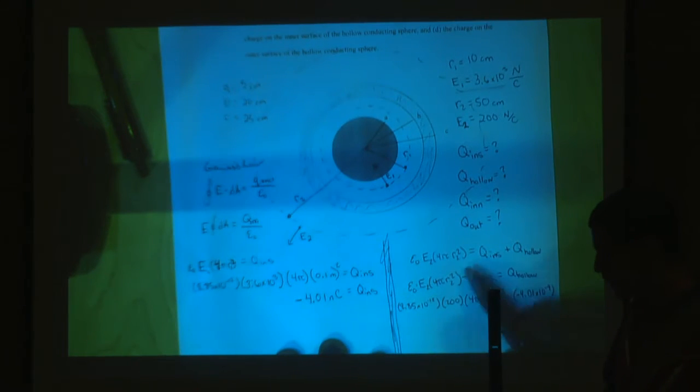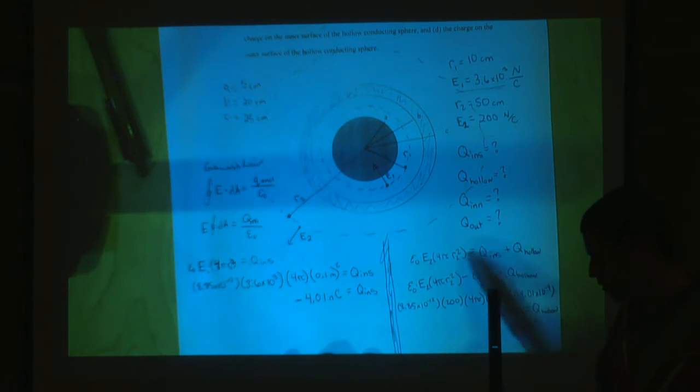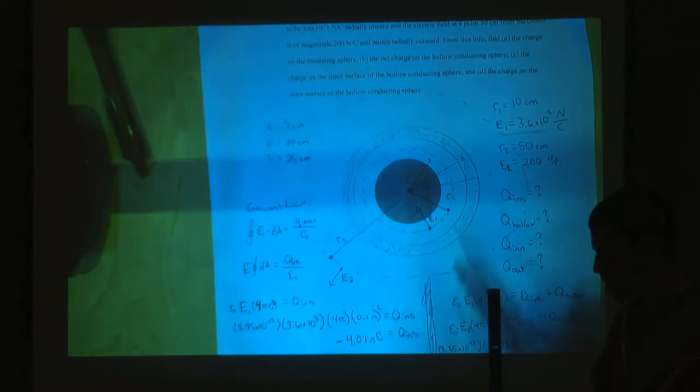We do take into account E1, and that's subtracting the charges from this one. Because the electric field, E2, according to Gauss's law, will equal the surface area times the charge enclosed, equals the charge enclosed divided by epsilon naught.